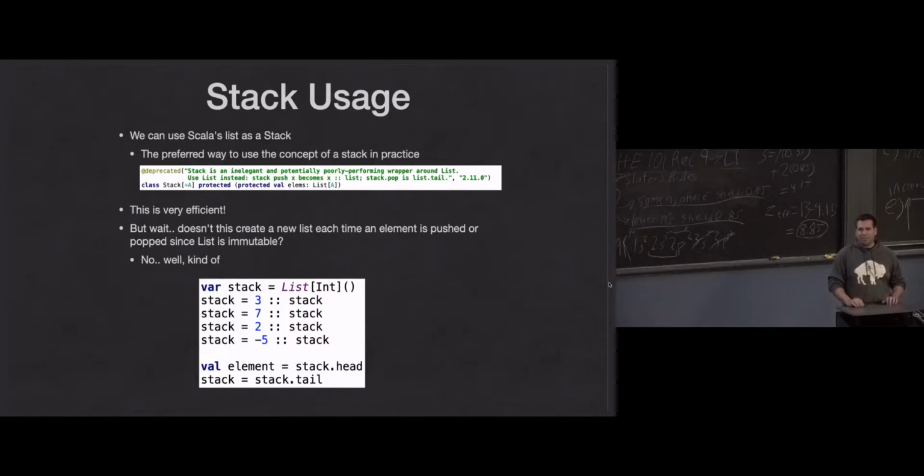That's all you get. So the advantage of using the stack data structure in your code and not the concept of a stack like I have on screen right now, using a raw linked list, the advantage would be that you're restricted to only using the efficient methods, so you can't accidentally use something that's inefficient and slow down your code.